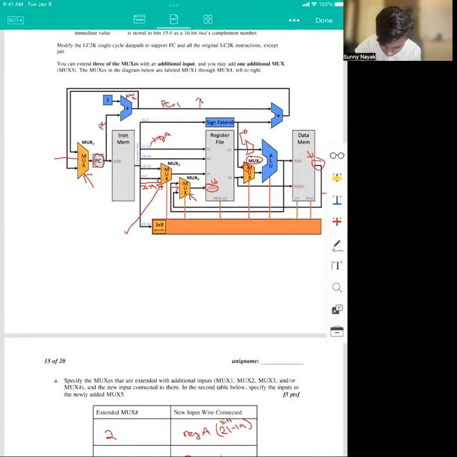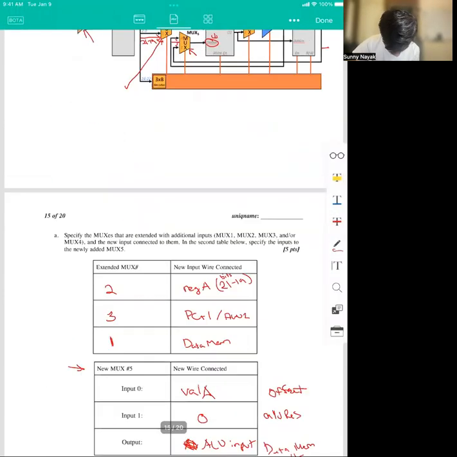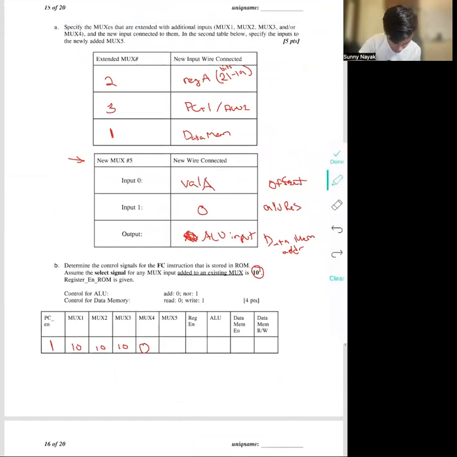For mux5, we want to select the 0. And so if we look at our answer, the 0 is at input 1, and so our mux is going to be set to 1. I think if you had switched these on your solution, like you had 0 and then the value, then your answer to this part would have been 0.